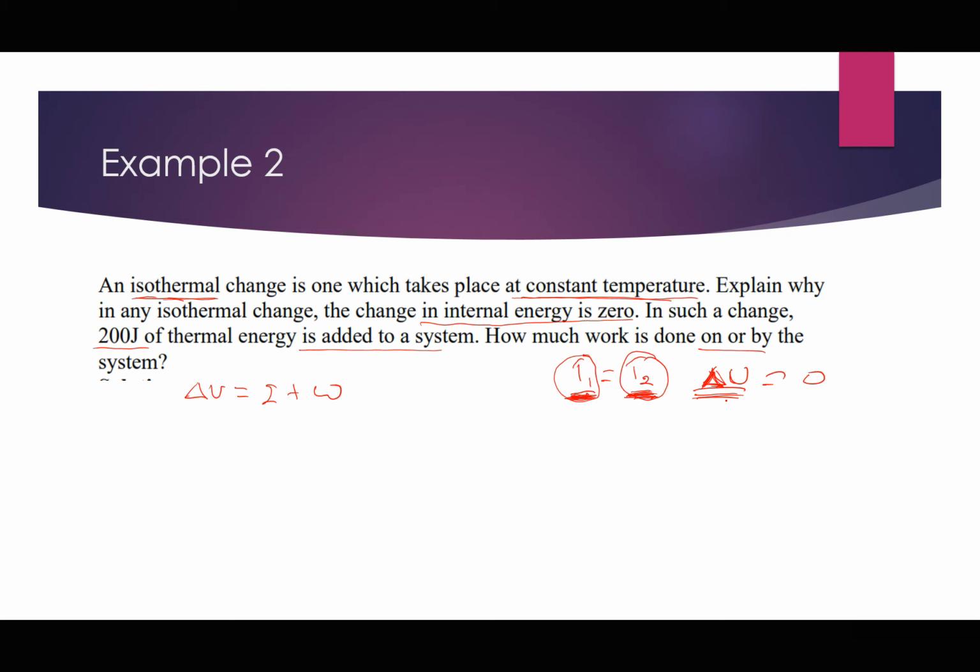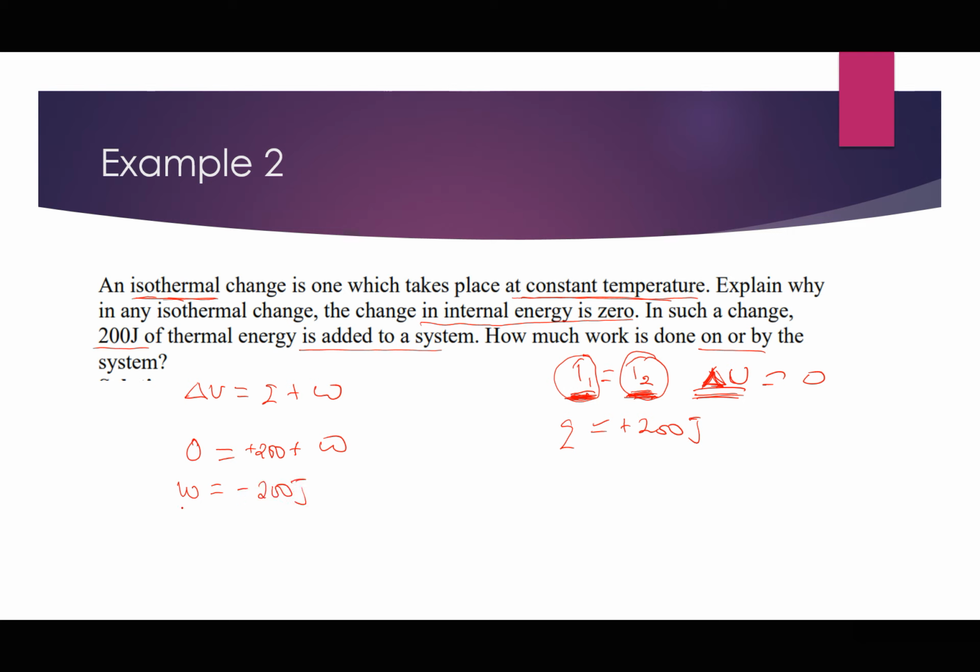Okay, let's go back to the calculation. In such a change, 200 joules of thermal energy is added, so Q is positive 200, because it is added. How much work is done on or by the system? We have already seen that delta U is 0, so 0 is equal to positive 200 plus W. Making W the subject, W is equal to negative 200 joules.